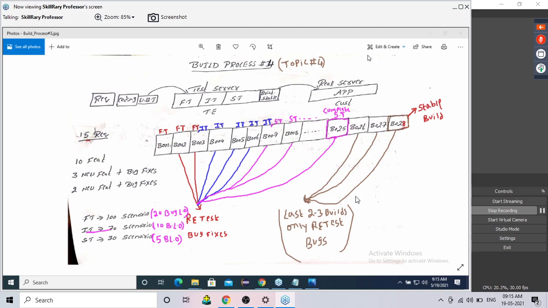Read that definition, everyone. Read that definition neatly and tell me, is it understandable? Yes.